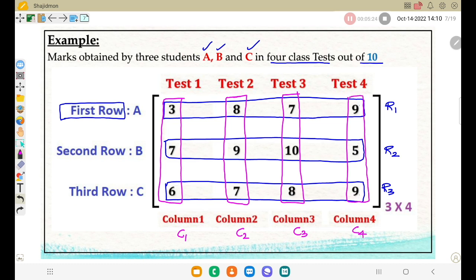So we have represented the data by using a matrix. A matrix means numbers arranged in a rectangular pattern of rows and columns.